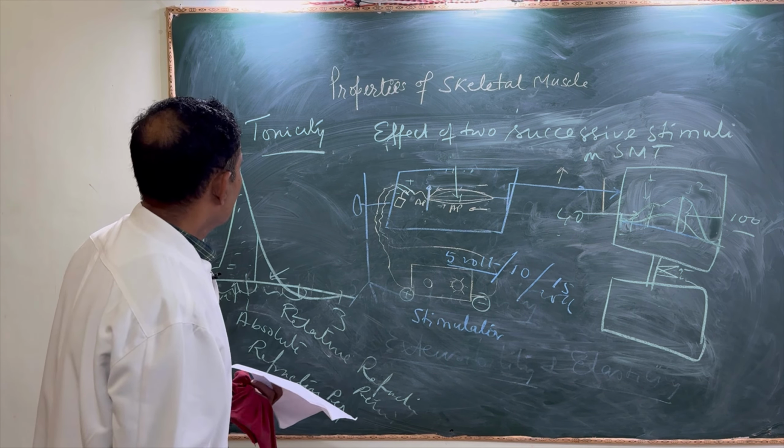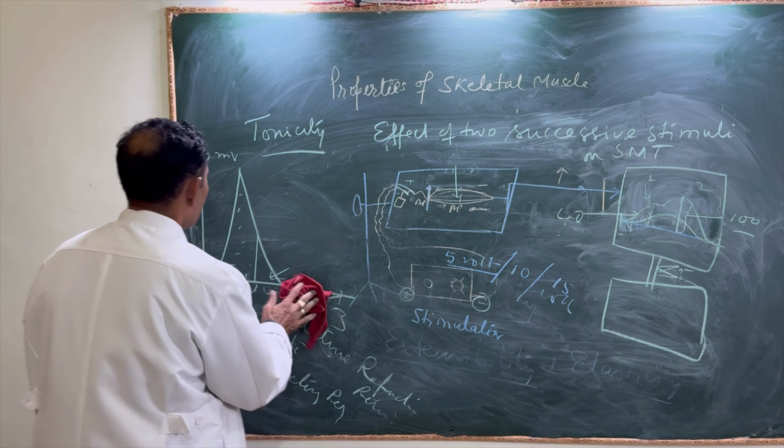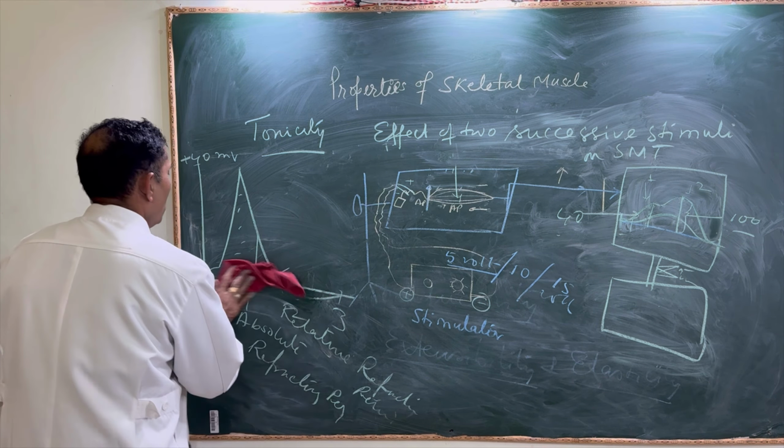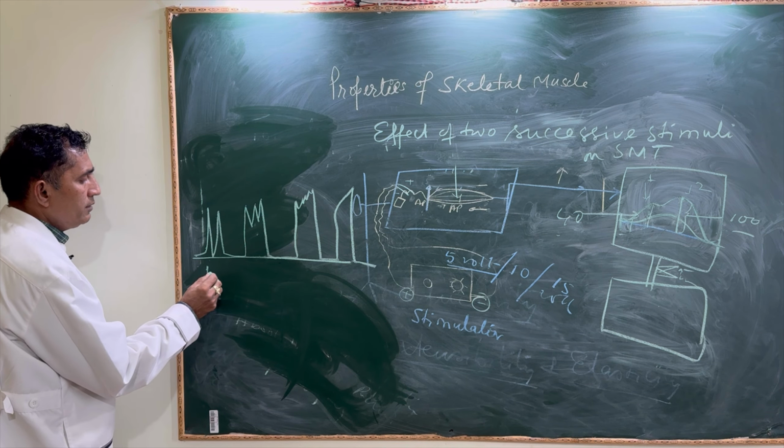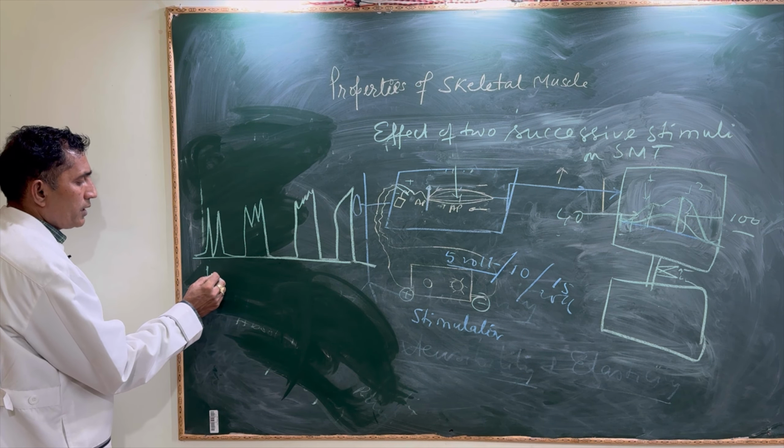Another experiment to study the tone of the muscle is the genesis of tetanus. If we want to study the genesis of tetanus, see, this is one cycle per second.